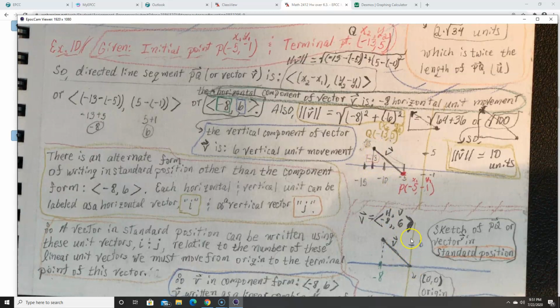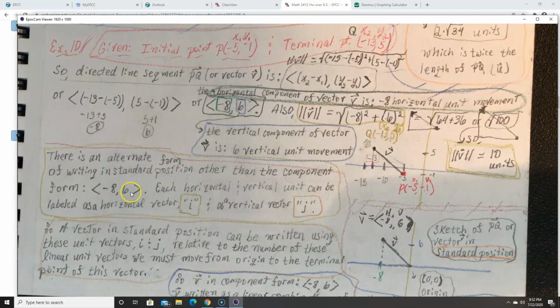More importantly, if you now move this initial point P to the origin, the only way you could describe it now is to say, well, from here you move -8 units and then up 6, and this is your horizontal component movement value, and this is your vertical movement value, 6 units.